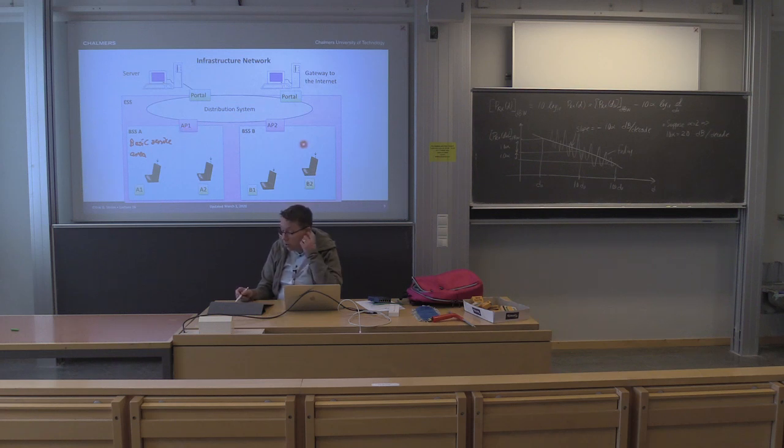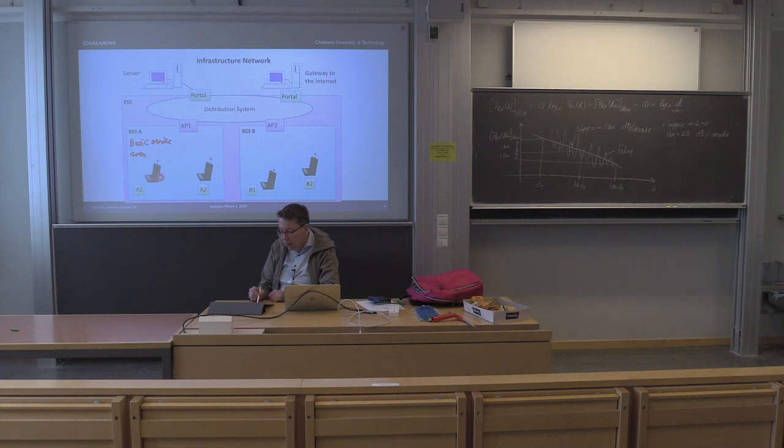And we have another basic service area here, which is served by some other access point, AP2. These access points are then connected with this distribution system. This could be a wired Ethernet, very often is. And then attached to this Ethernet LAN, there are these portals, which are devices which lead out to the rest of the world, perhaps to a server or to the internet.